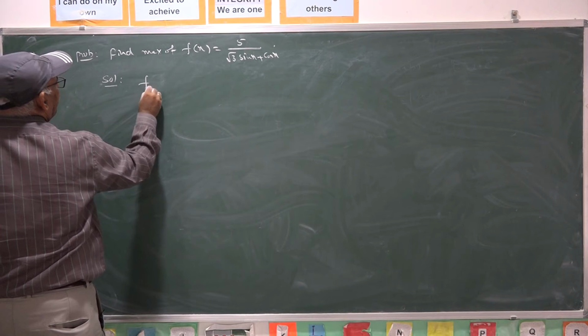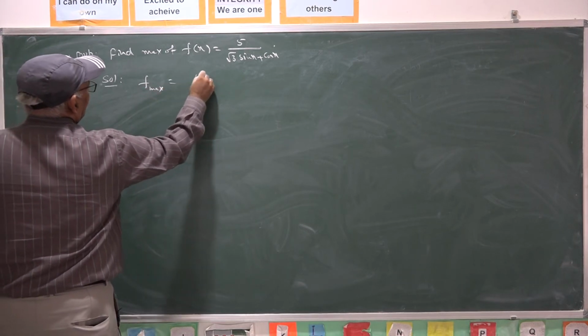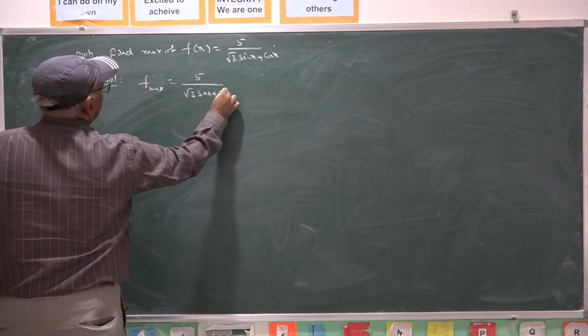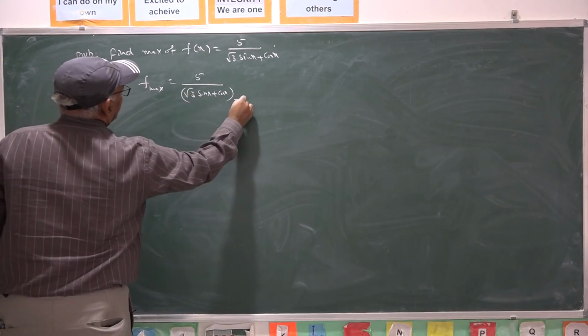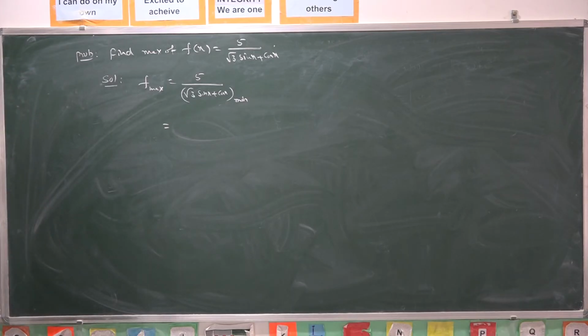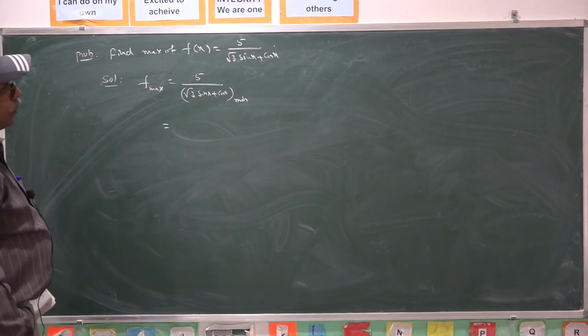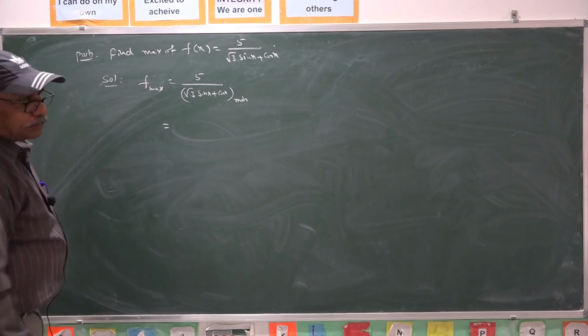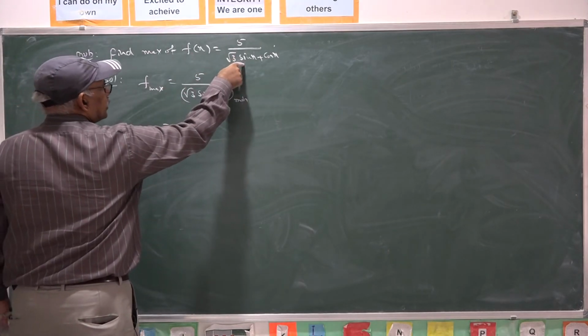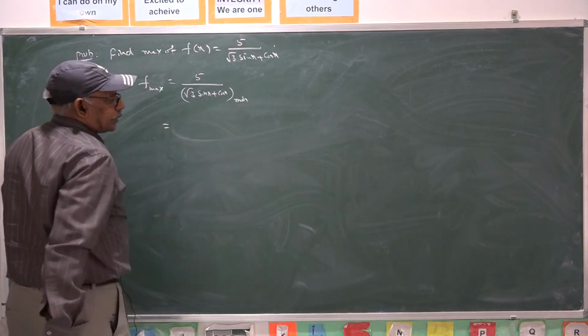So, f maximum is 5 by the minimum of root 3 sin x plus cos x. Either maximum or minimum of f depends on this one only because the numerator is constant.